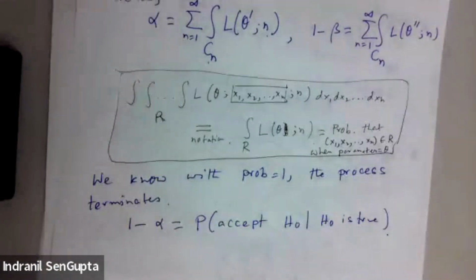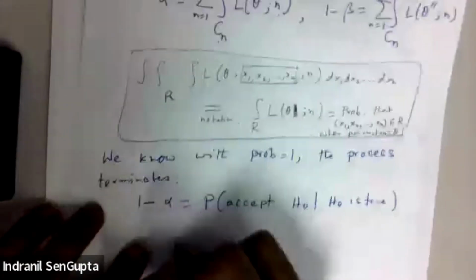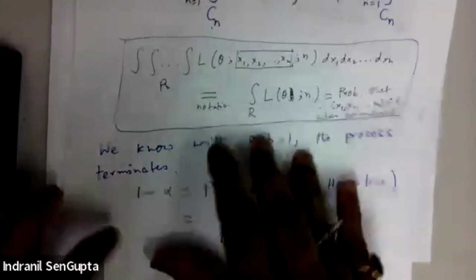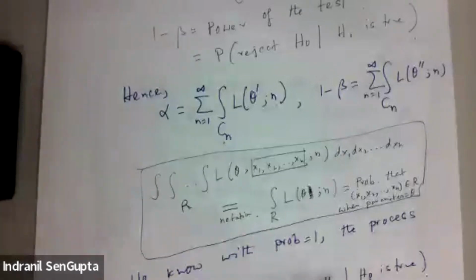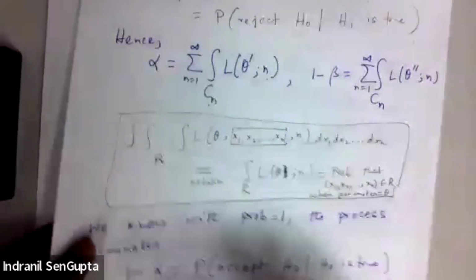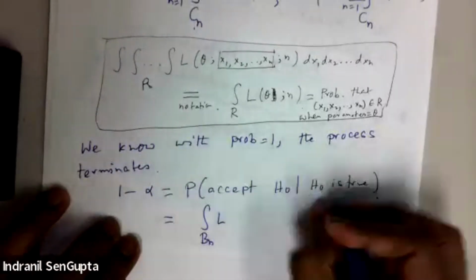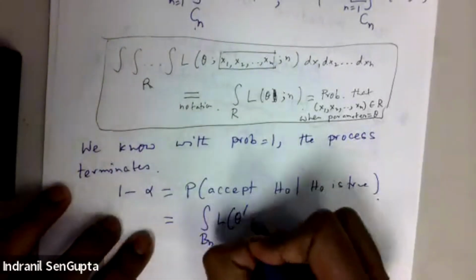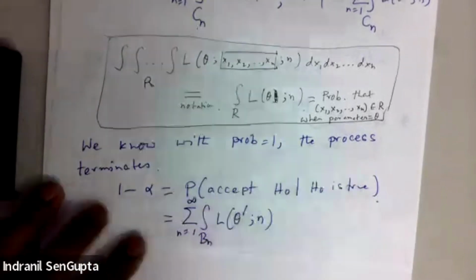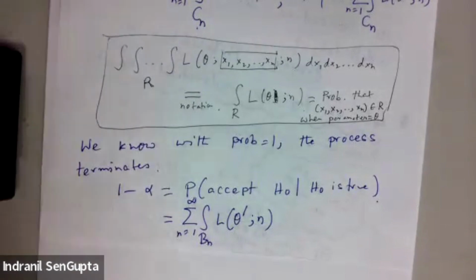Accepting means I'm in the region Bn. Remember, we defined all these regions right here. Bn is the region for which we accept H0. And H0 is true, so it's theta prime n, and then the summation over n from 1 to infinity. So that's 1 minus alpha.